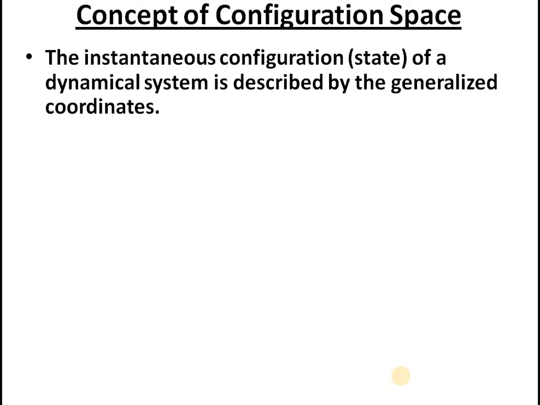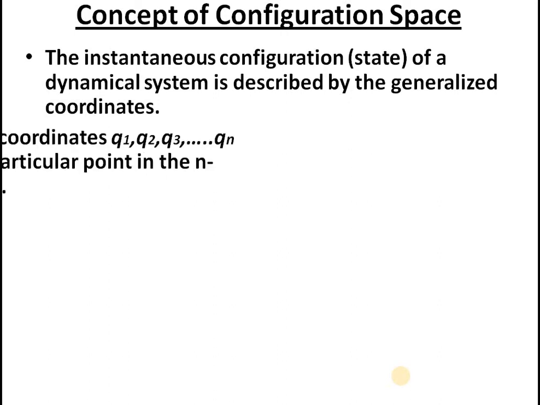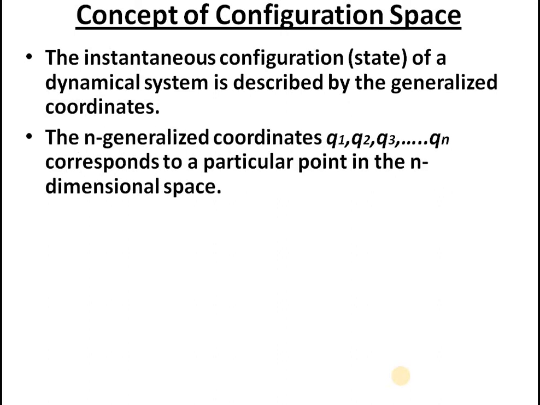And another thing is about the configuration space. We have a real space with the real coordinates x, y, z. But in a configuration space, we have a smaller number of coordinates, because we reduce the number of coordinates by taking into account the constraint parameters.